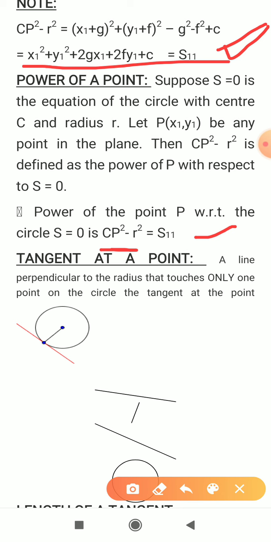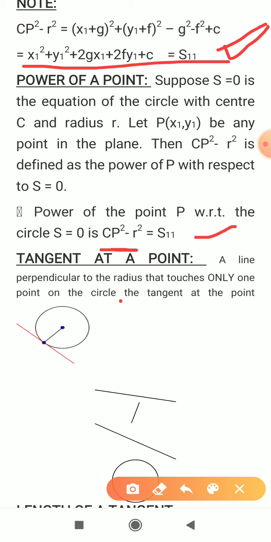A line perpendicular to the radius that touches only one point on the circle is called the tangent at the point. This is the tangent at the point. In our intermediate, there are tangent at a point and tangents from a point. In the next section we discuss the difference between them.